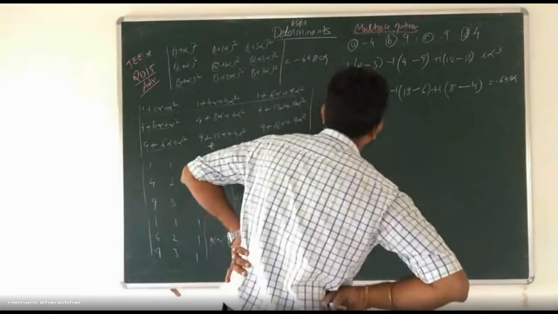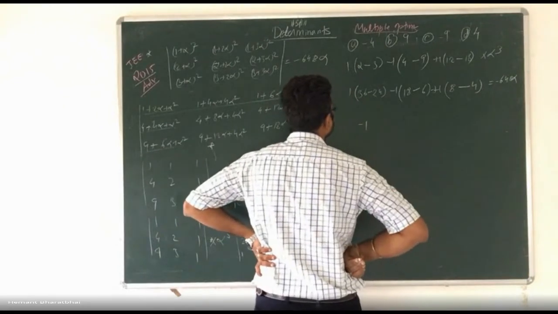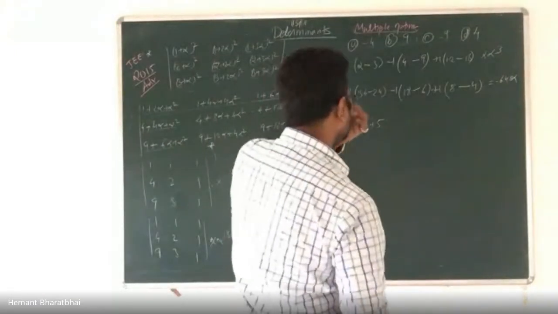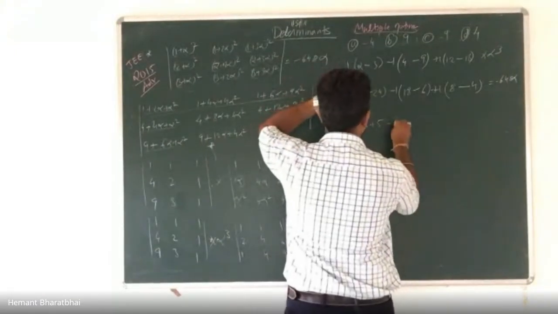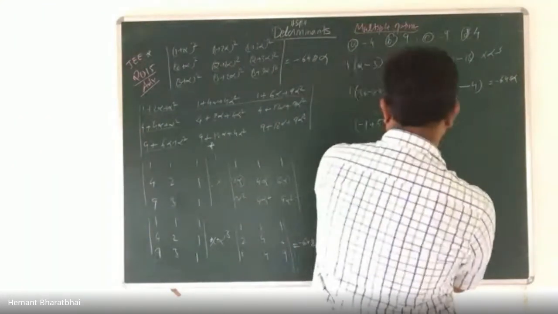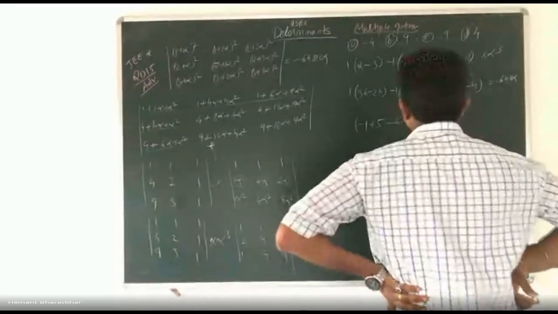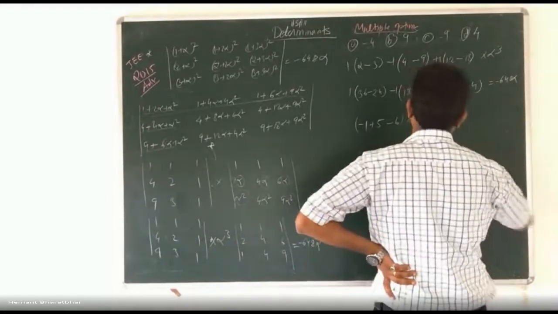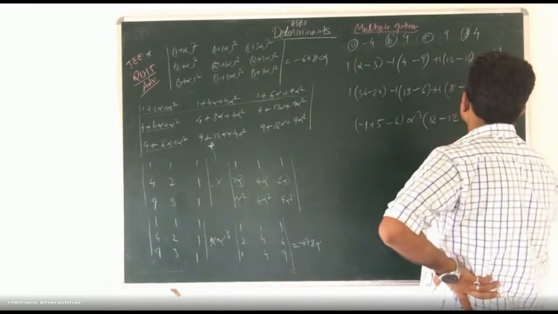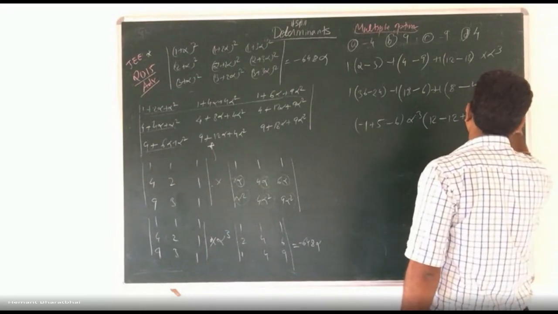So 2 minus 3 is minus 1 into 1, minus 1. 4 minus 9 is minus 5 into minus 1, so that will give me plus 5. 12 minus 18 is minus 6, into alpha cube into. This is going to give me 36 minus 24, that is 12, minus 18 minus 6, that will also give me 12, plus 8 minus 4, that is going to give me 4, is equal to minus 648 alpha.